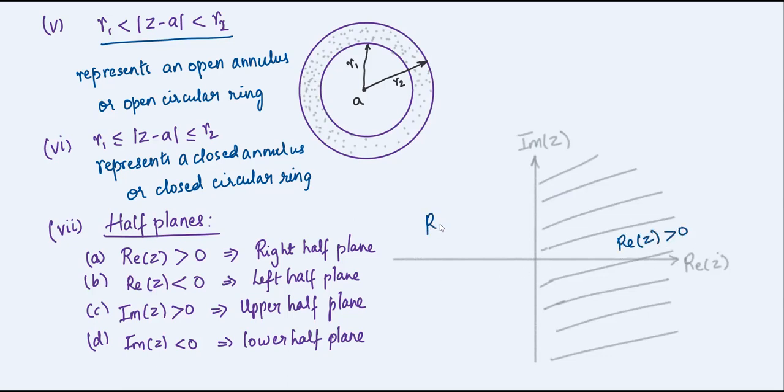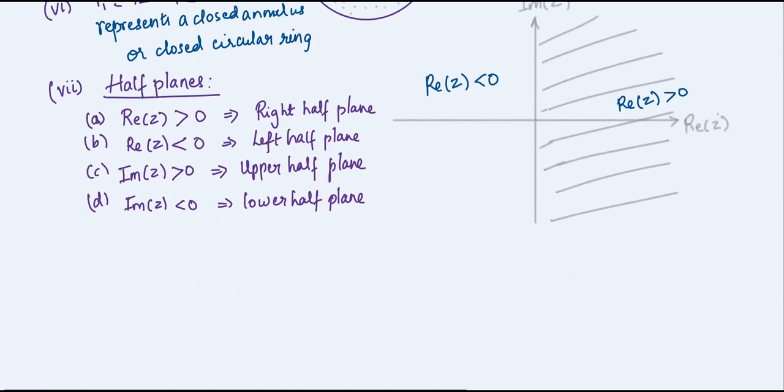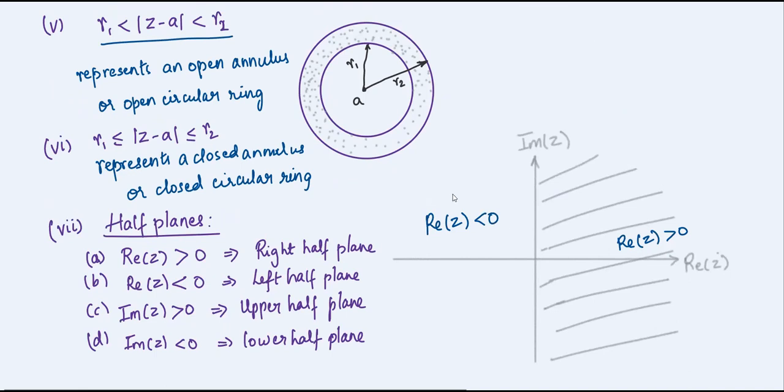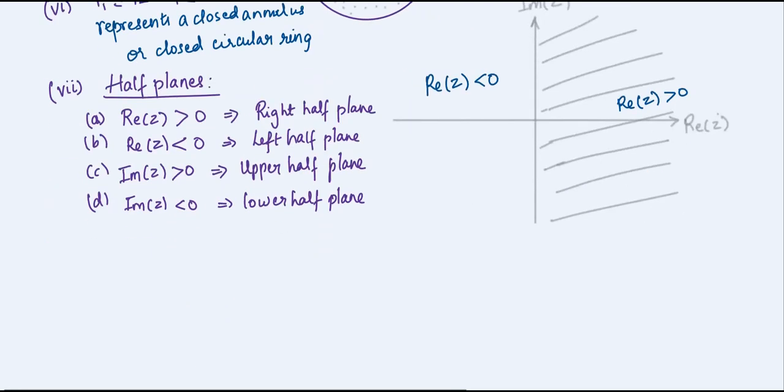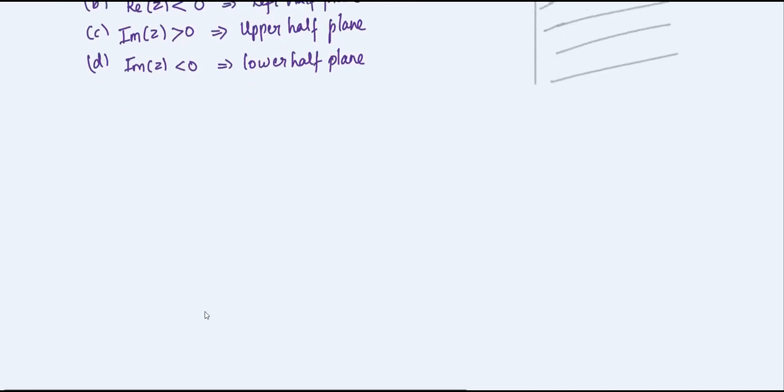The other half will be real part of Z less than 0, this entire region on the left. Similarly, the upper half, imaginary part greater than 0, is this top portion. And imaginary part less than 0 will be the bottom, the last two quadrants, you can say, third and fourth quadrant. Okay, so these are some basic sets that we should know, sets from the point of view of geometrical consideration.